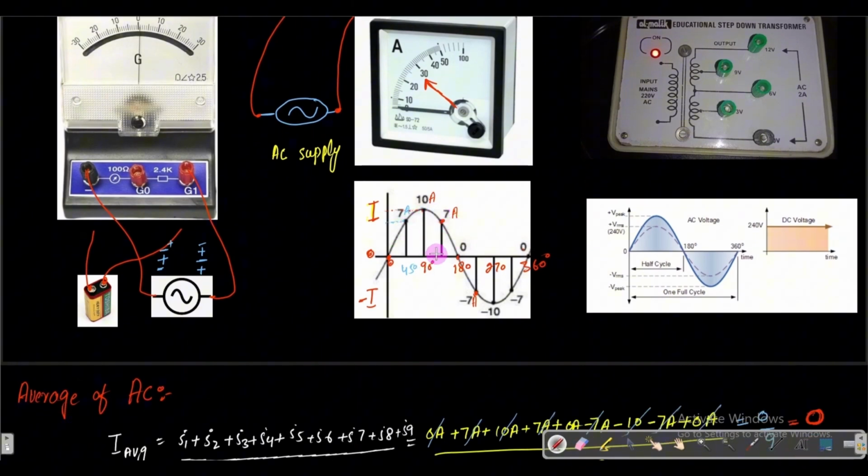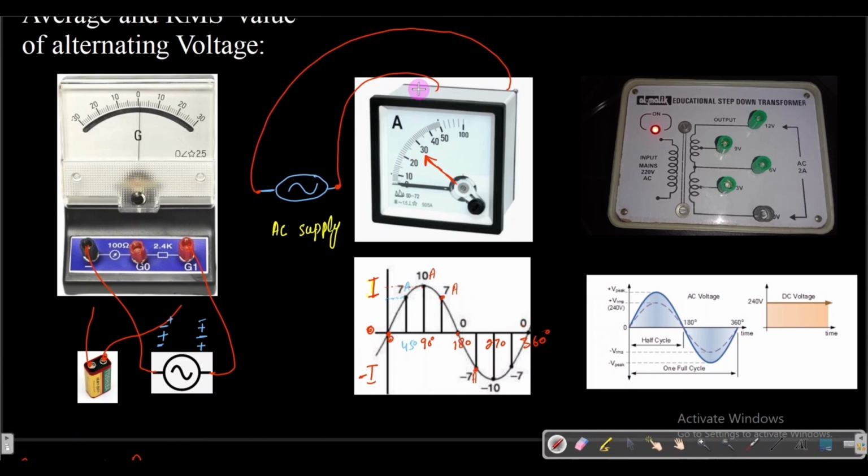If we have a sine function and provide that to this alternating current ammeter, and this wave has 10 ampere amplitude, then it will show us 6.633 ampere current, because it gives us the RMS value, not the maximum value.